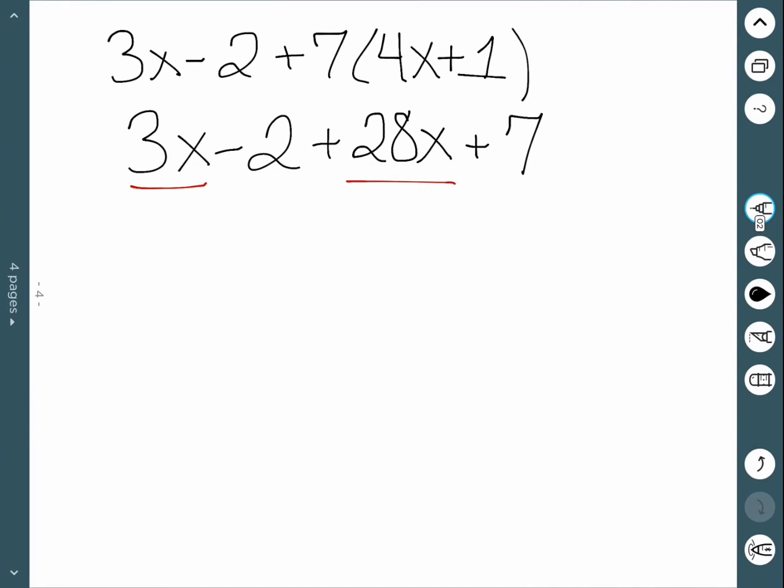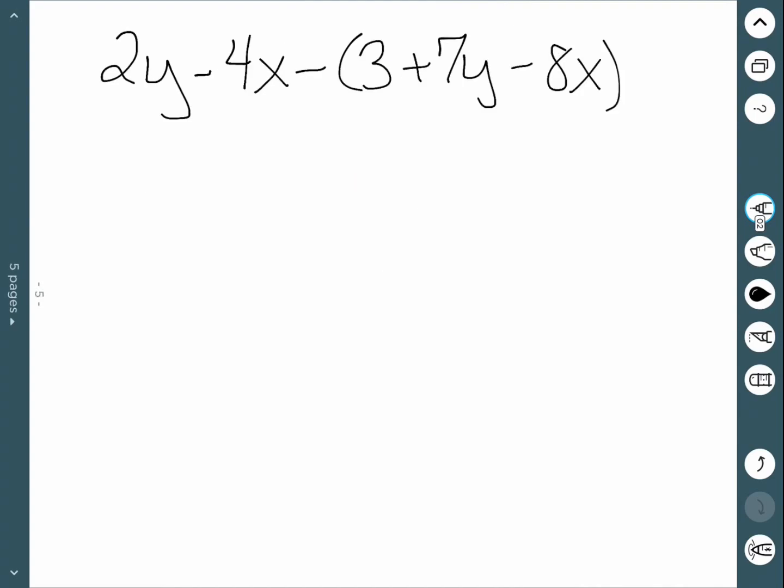For the x's, I have a 3x and a 28x, and 3 plus 28 is 31. On the other hand, I have a negative 2 plus 7, and we know that negative 2 plus 7 is 5. So this simplifies to 31x plus 5.